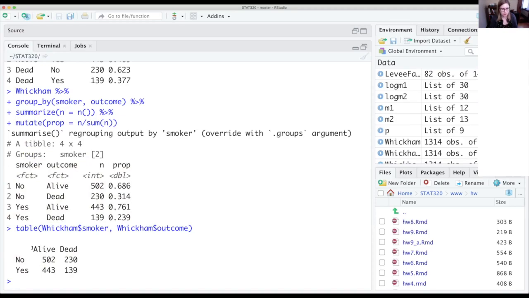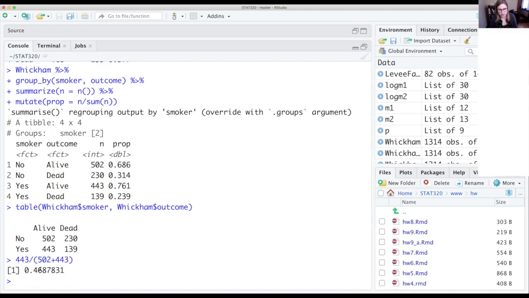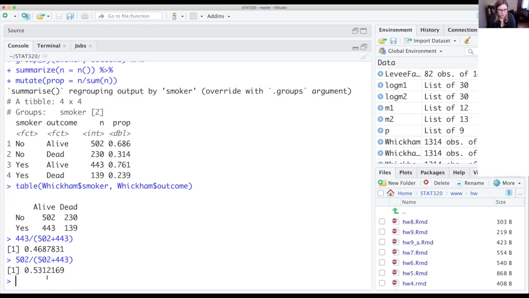So if you want to know, like, of the people who are alive, what percent of them smoked, you have to do the denominator yourself, 502 plus 443, and then you need to say, okay, well, 443 out of that is 47% of them, or 502 out of that is 53%.